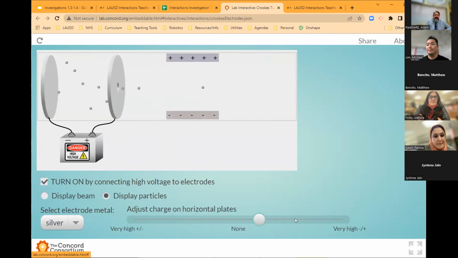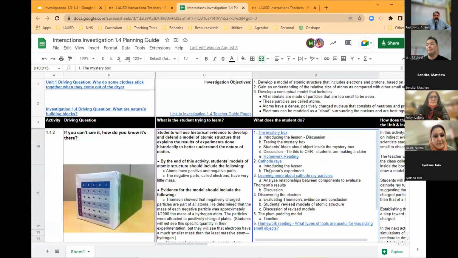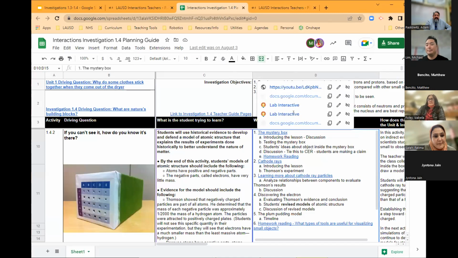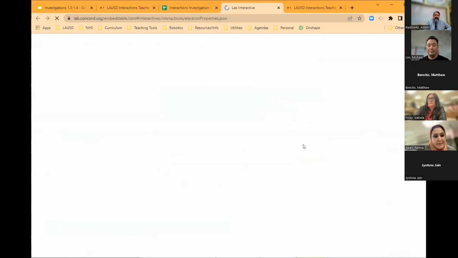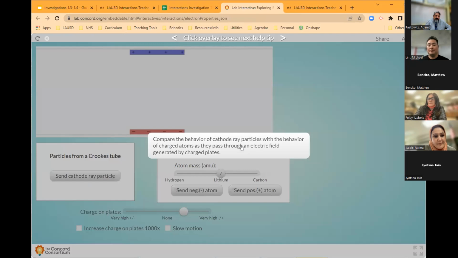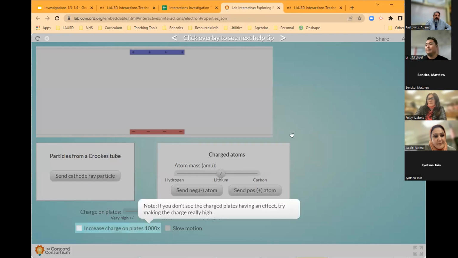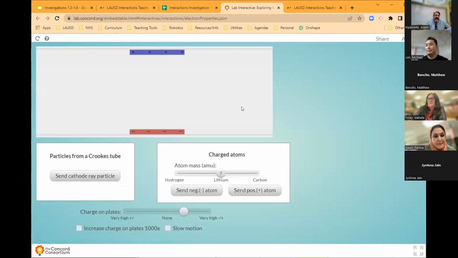We can look at electrons as well, or particles as well. And then we have another interactive in here. And this interactive shows cathode ray particles.